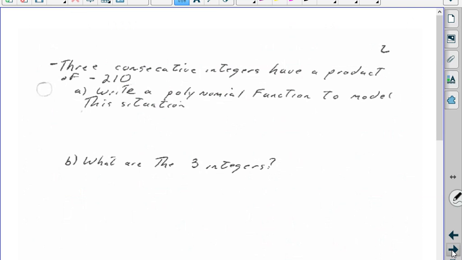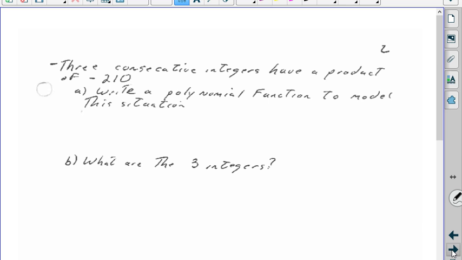So let's go over some word problems now. Three consecutive integers have a product of negative 210. Write a polynomial function to model this, and what are the three integers? Now, you can do trial and error, but I really don't want to.